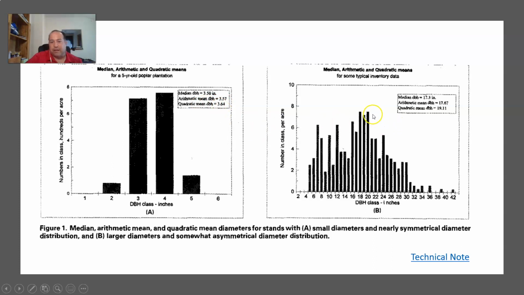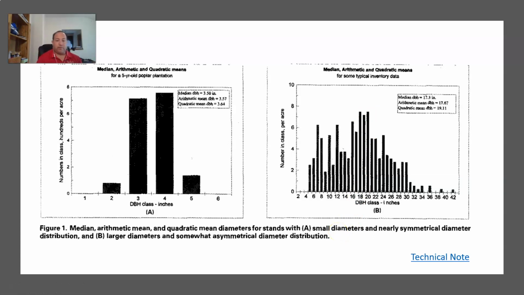If we look at the graph on the right, median DBH is 17.3, your arithmetic mean is 17.67, but your quadratic mean diameter is actually 19 inches. So it's really interesting to see. When you look at the numbers in the chart, they can vary quite a bit.